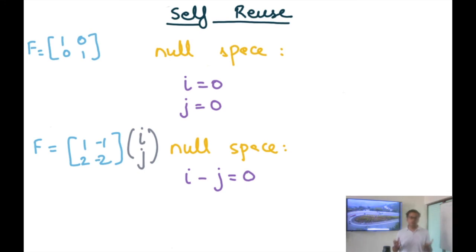If I multiply with 2, 2, it's going to give me 0, and so on. And so the null space is not just trivial, but it has I minus j equals 0. So there are many points in the null space, 1, 1, 2, 2, 3, 3, 4, 4, and so on. For this two-dimensional space, the number of points in the null space is order n. And so the amount of reuse that we have for such a coefficient matrix is also order n.